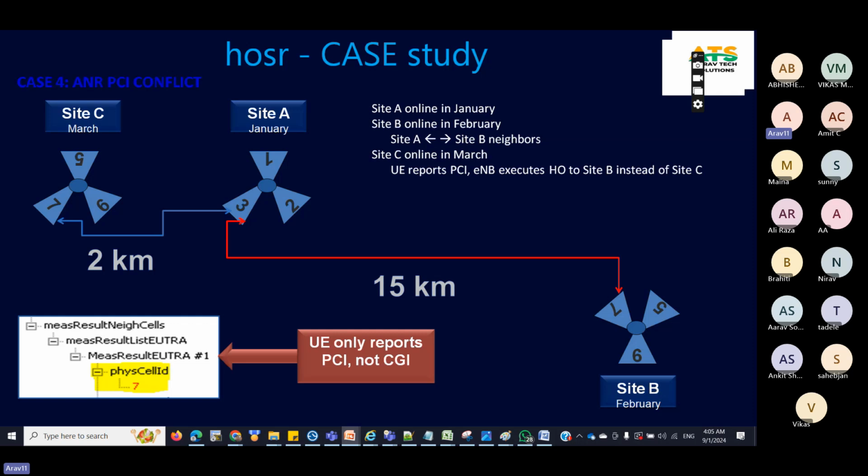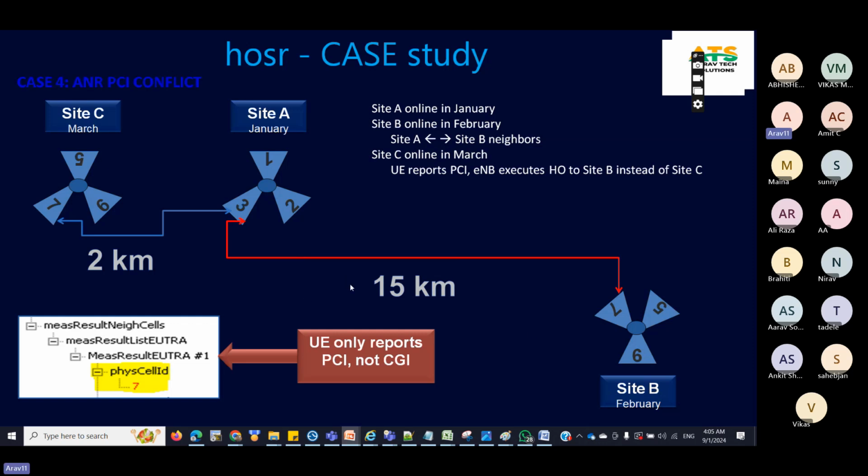Suppose site A came online in January, which has PCI 1, 2, 3, and site B came online in February, which has PCI 5, 6, 7. Once these sites are created in the network, the distance is 15 kilometers, but ANR has created the relation between site A and site B. Handover was smooth.